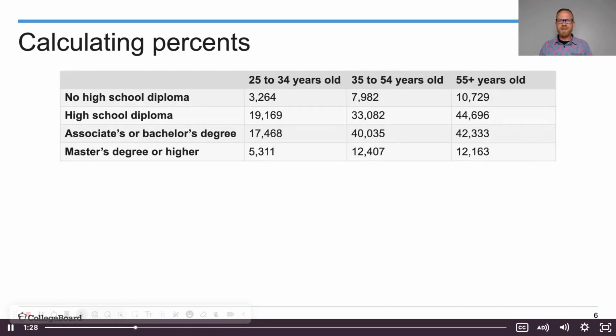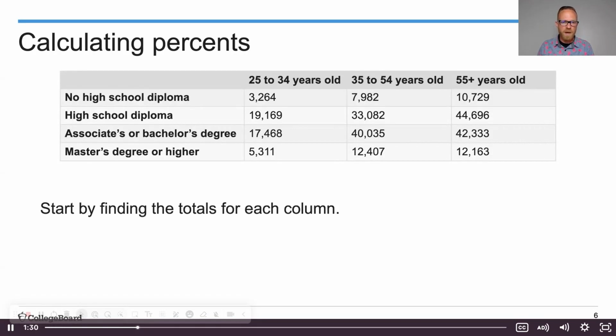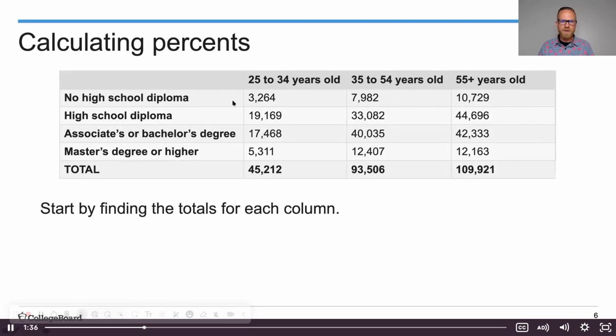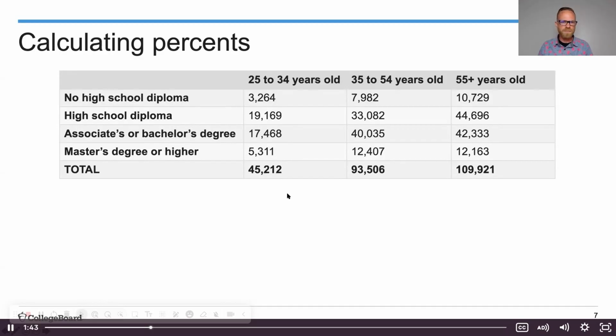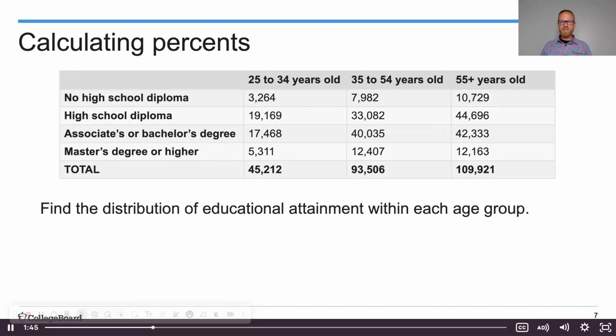So here is the original data, and we're going to start by finding the totals for each one of the columns. So in each column, we have an age group represented, and we now have totals for all three of those columns. Next, we're going to find the educational attainment level within each age group. So let's start with the 25 to 34-year-olds.